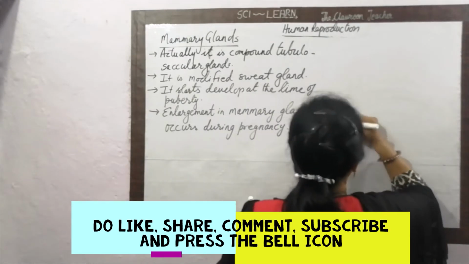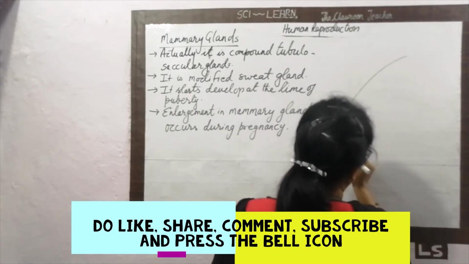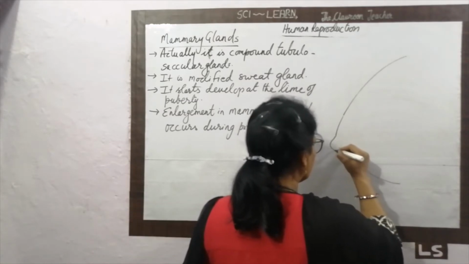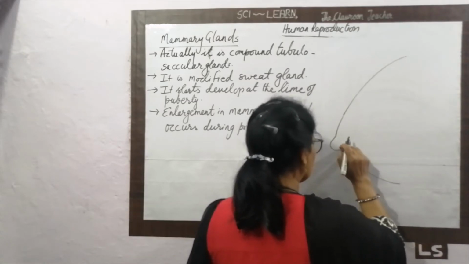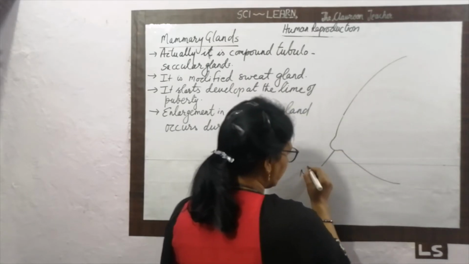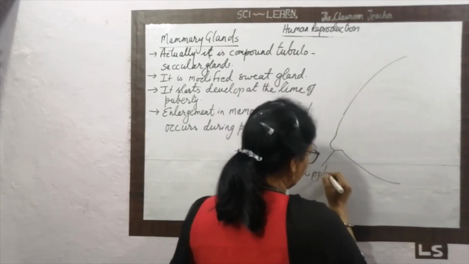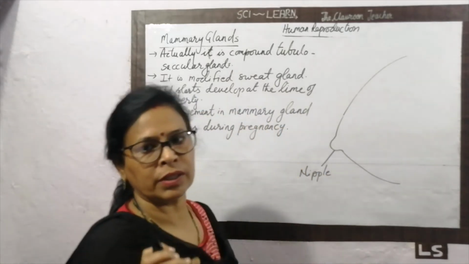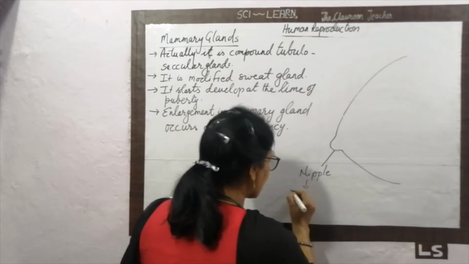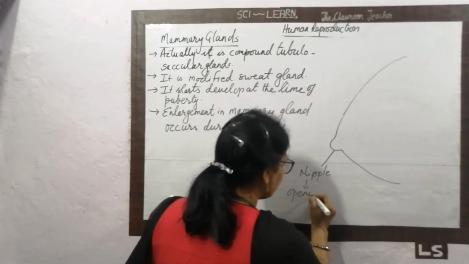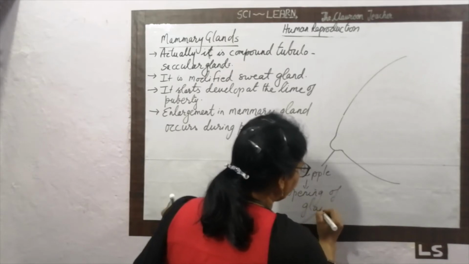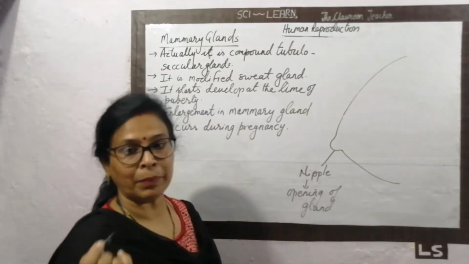Now look here. In the mammary gland, a small outgrowth is present, called the nipple. What is the nipple? It is the opening of the mammary gland.